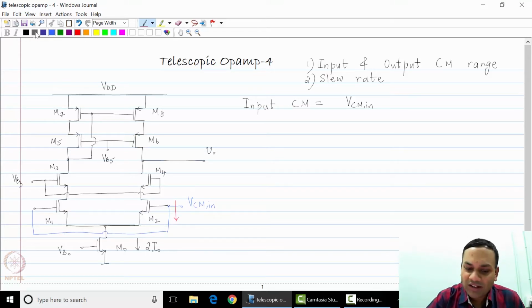Because the total current in M0 remains 2I0 till M0 goes into triode, the two transistors M1 and M2 will continue to have a current I0 each, and therefore VGS1 and VGS2 will remain constant. So the voltage at XY reduces.